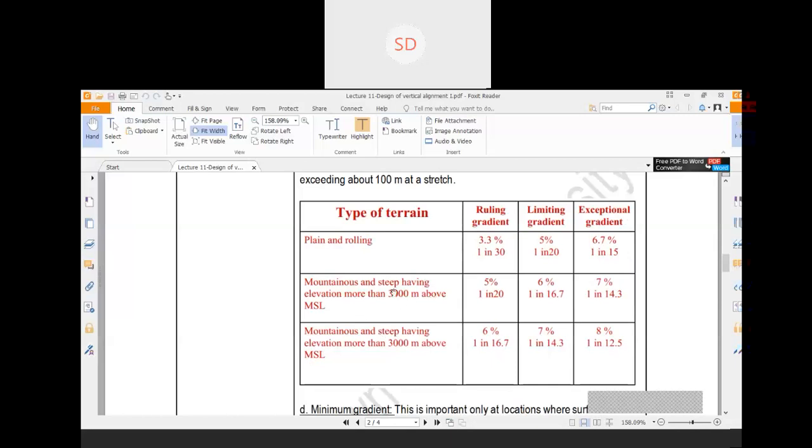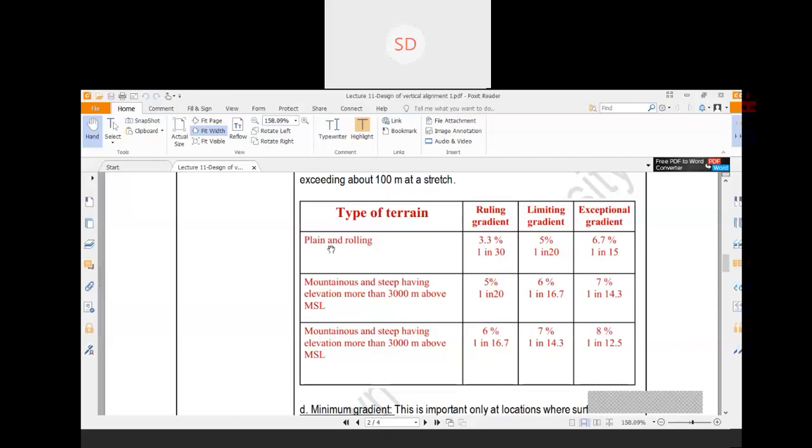For mountainous and steep terrain with elevation less than 3000 meters, the ruling gradient is fixed as 1 in 20, and for mountainous and steep terrain with elevation more than 3000 meters above mean sea level, the ruling gradient is 6%.